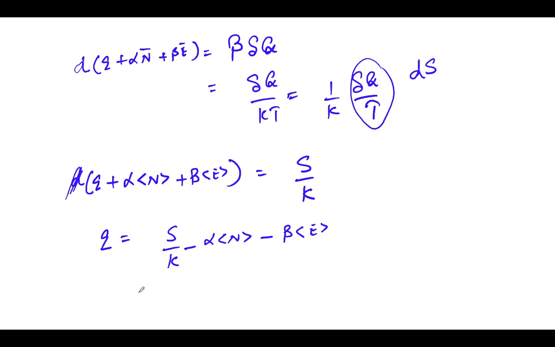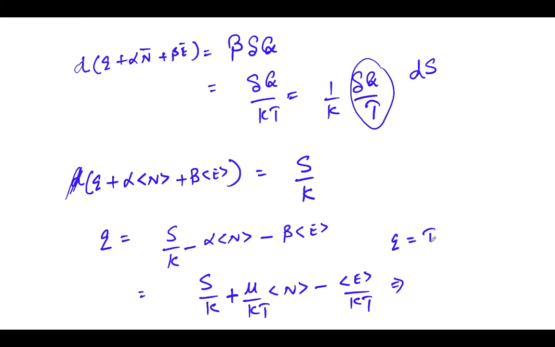So putting the values of alpha and beta, where alpha is minus mu over kT, we can write it as mu over kT into n minus E over kT. So from this we can find Q, it comes out to be TS plus mu into n minus E, over kT.